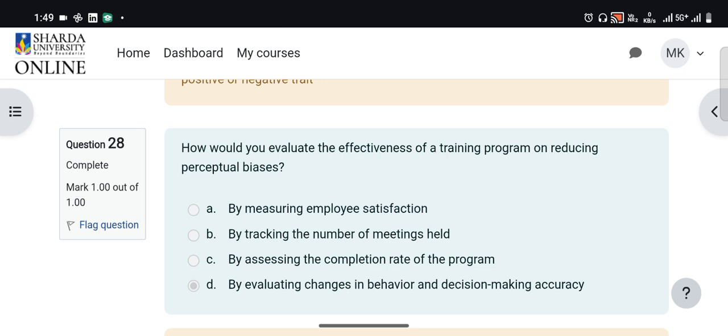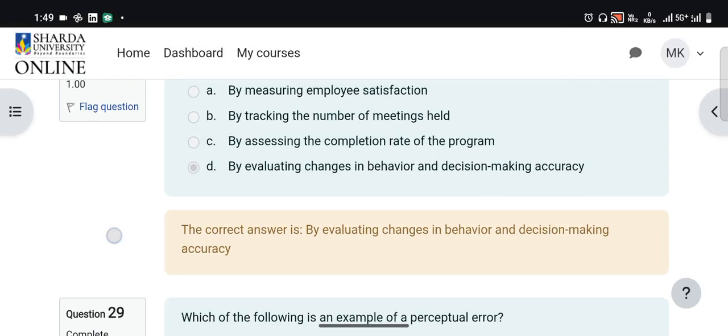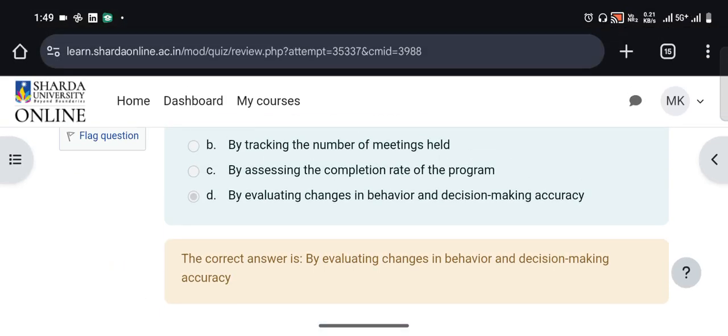Option C, by assessing the completion rate of the program. Option D, by evaluating changes in behavior and decision making accuracy. The correct answer is by evaluating changes in behavior and decision making accuracy.